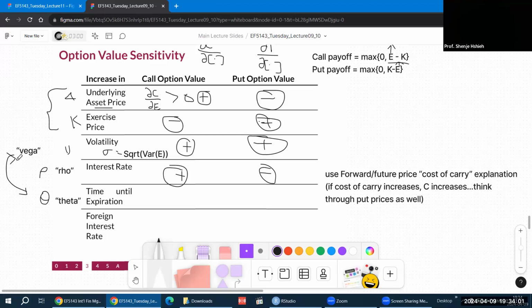So benefiting the put option or call option, regardless. Theta is the same idea. If the volatility is the same, but the time until expiration has been lengthened, then you have effectively increased the likelihood that the underlying asset price could fall below or above the strike price. So again, you should have positive for both cases, right?